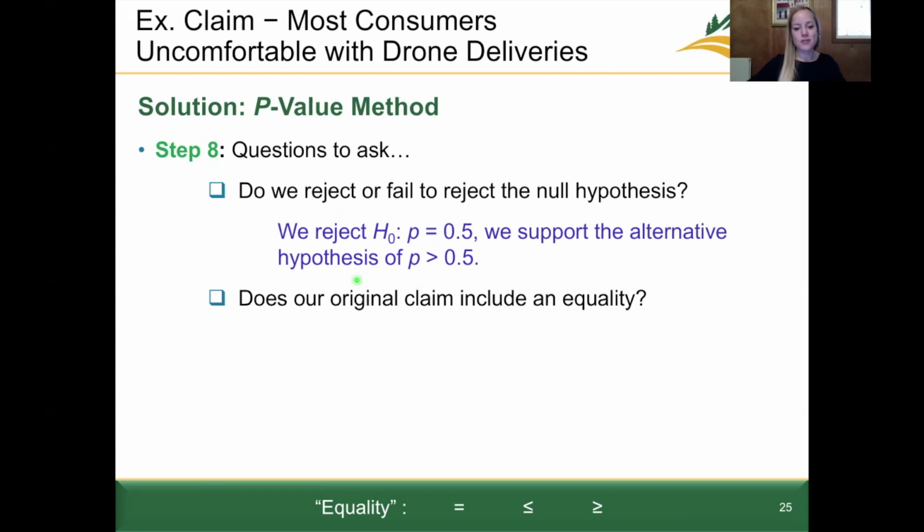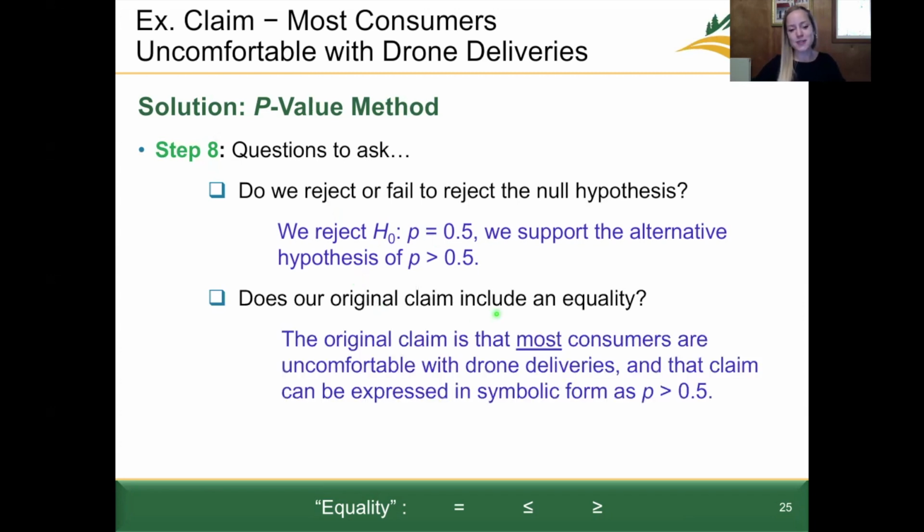So does our original claim include inequality? Recall that our original claim is that most consumers are uncomfortable with drone deliveries. We expressed that claim in symbolic notation originally in step 1 to be p is greater than 0.5. So for this question, does our original claim include inequality?